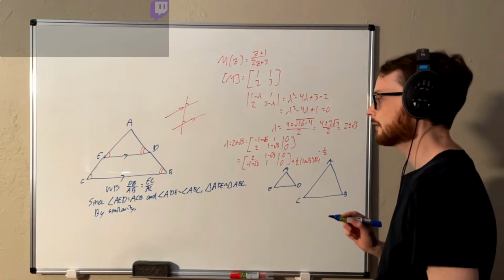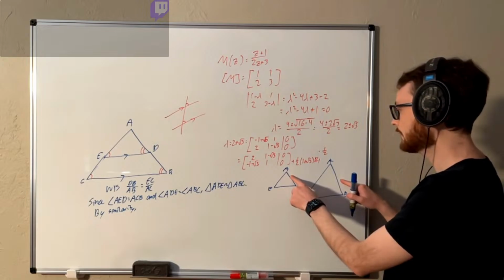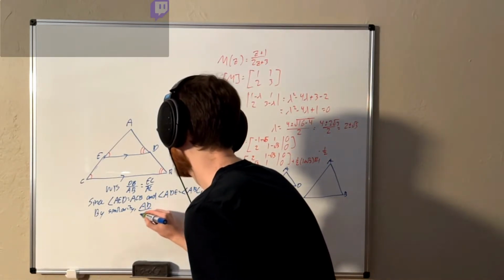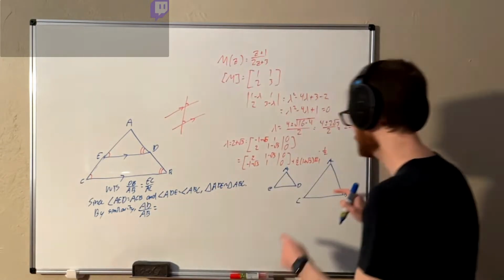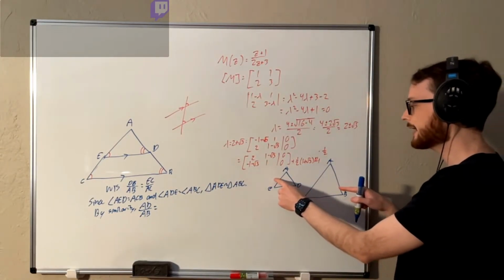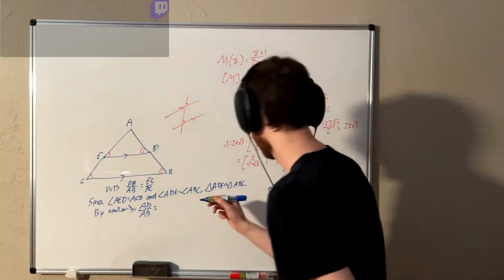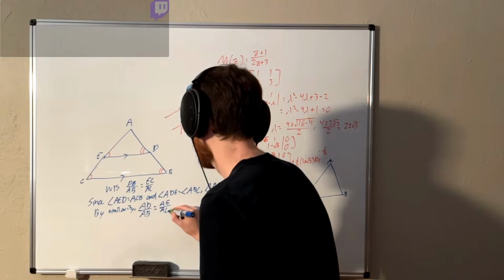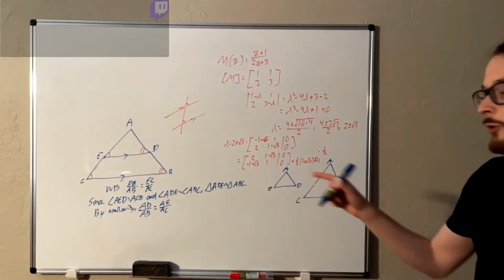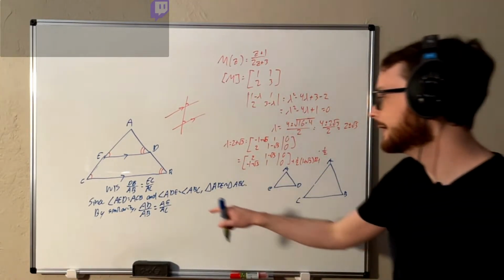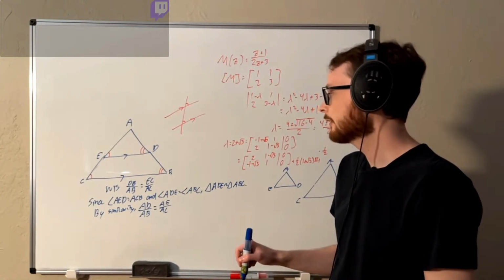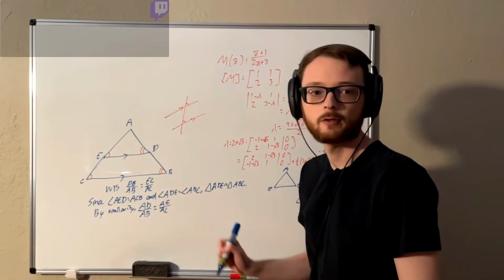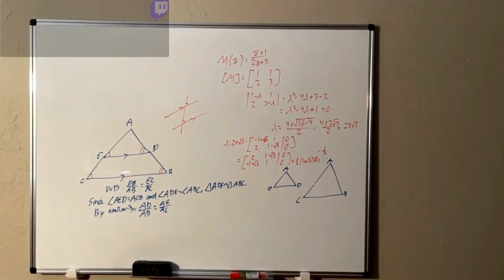So we know that AD over AB, let's write that, is equal to AE over AC, because that's what it means to be a similar triangle, that the sides are proportional like that. So we nearly have the thing that we want, but we need to figure out a way to go from AD to DB and from AE to EC. That's the only problem that remains now.